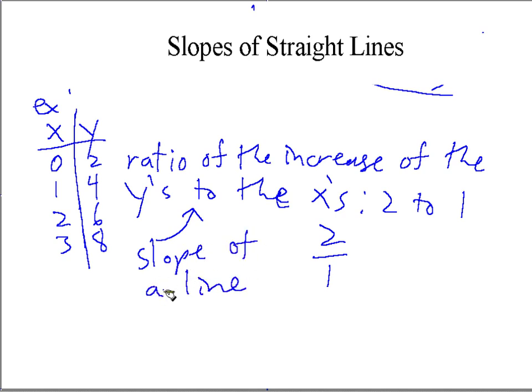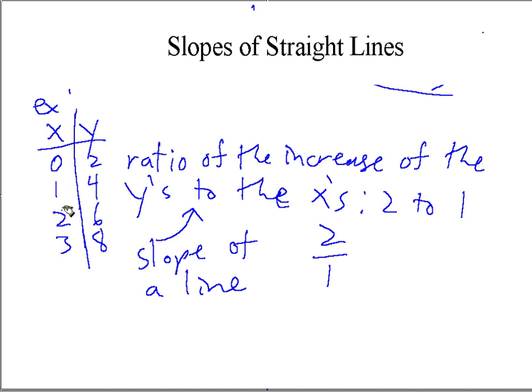All right. Now, before we get more into slope here, let's look at this concept right here. So what this 2 over 1 is telling me is that there's a 2-unit increase on the y's for every 1 unit increase on the x's. In other words, if y is getting higher and higher, that means we're going up. Remember, positive y means we're going up on the rectangular coordinate system, and positive x values means we're going to the right.